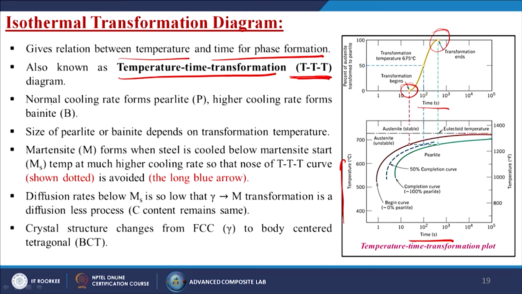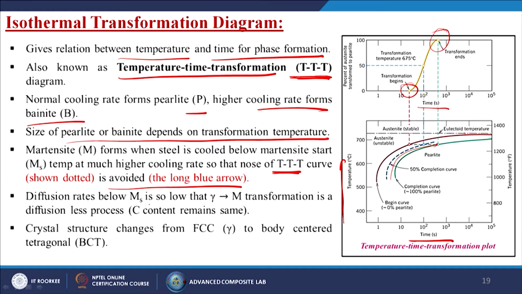Normal cooling rate forms pearlite, and higher cooling rate forms bainite. The size of pearlite or bainite depends on transformation temperature. Martensite forms when steel is cooled below the martensite start temperature at a much higher cooling rate. So, the nose of the TTT curve, shown dotted, is avoided, by the long blue arrow.